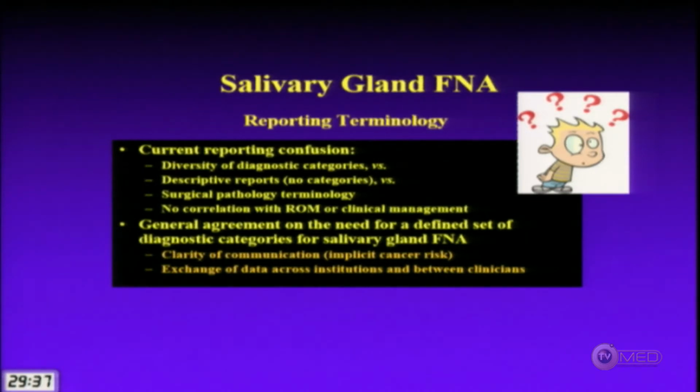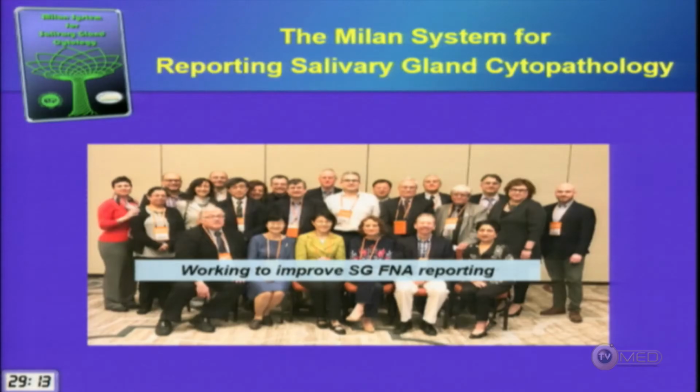And this will lead to clarity of communication with an implicit cancer risk, and also better exchange of data across institutions and between different countries. And this is also going to be good for research. And overall, the goal of this is better patient care. And I think that's what this is leading towards.